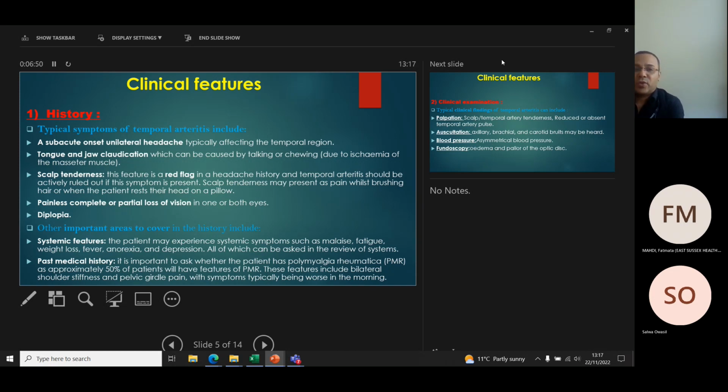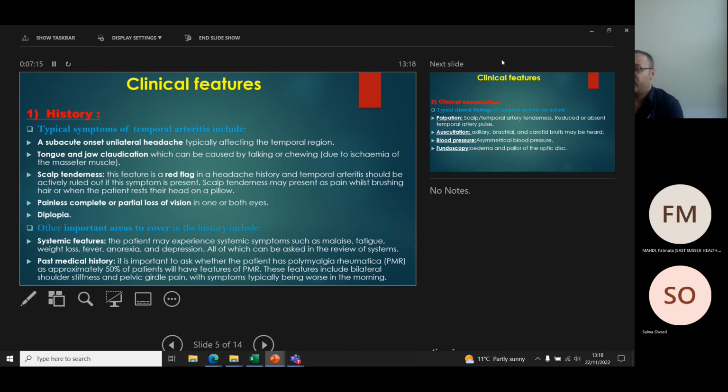Other important areas to cover in the history are constitutional symptoms. These include fatigue, malaise, fever, weight loss, anorexia, and depression, which are manifestations of polymyalgia rheumatica, which is highly associated with giant cell arteritis. In the past medical history, you have to ask about PMR.